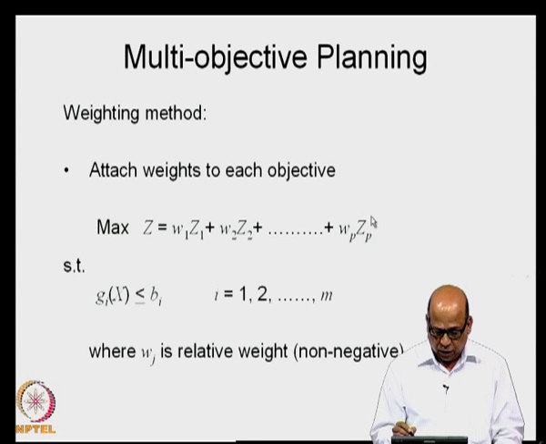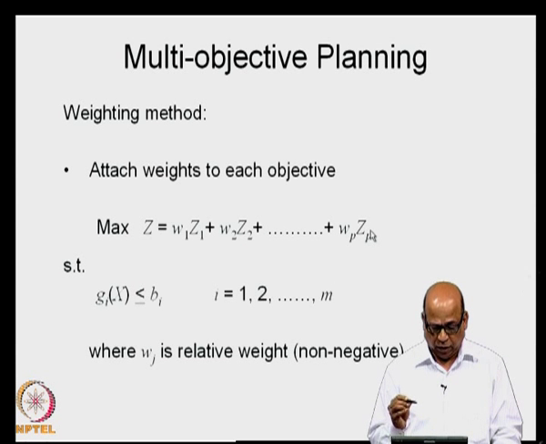Z1, Z2, Z3, etc. are all objective functions to be maximized. Let us say Z1 corresponds to irrigation, Z2 corresponds to flood control, Z3 corresponds to hydropower, and so on. Like this, corresponding to each of the purpose for which you are using the water, you may have objectives defined.